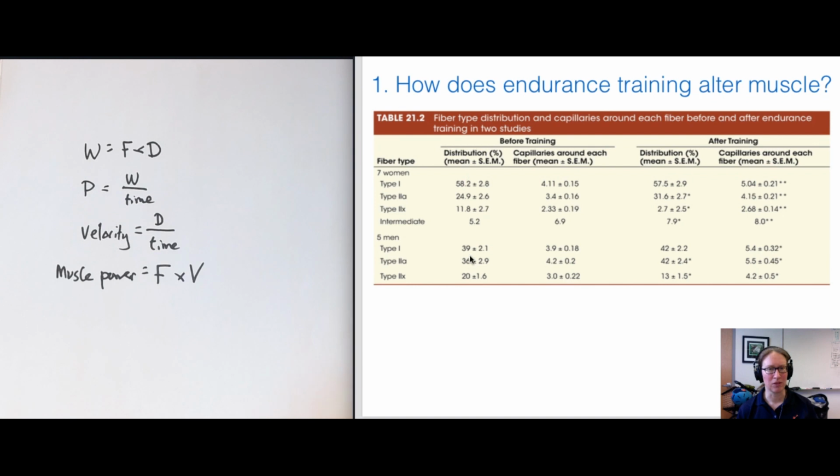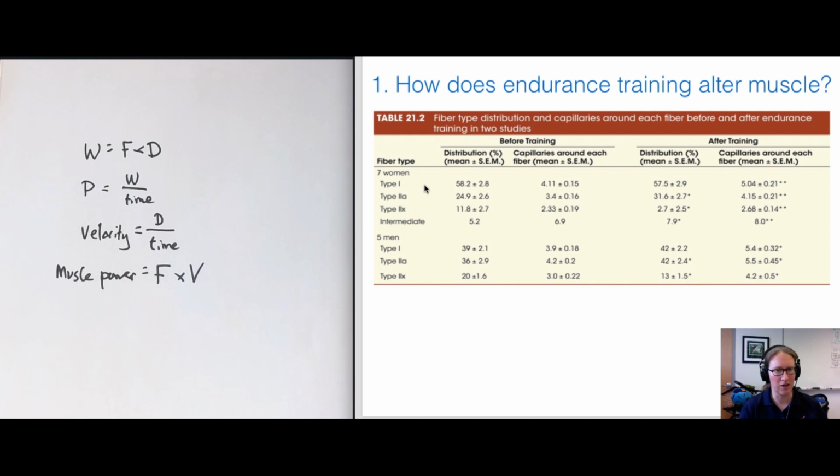And this is highlighting both muscle fiber types and then also the density of capillaries that are present around muscle. So a couple of things I want you to notice from this table. On the left-hand side, first of all, notice that the predominant muscle fiber type that's present, although it varies between men and women, is primarily type 1 fibers.